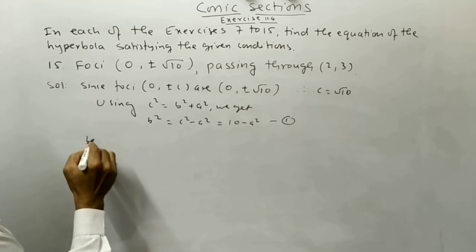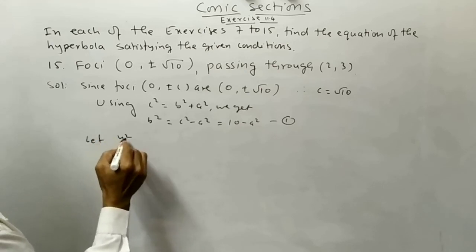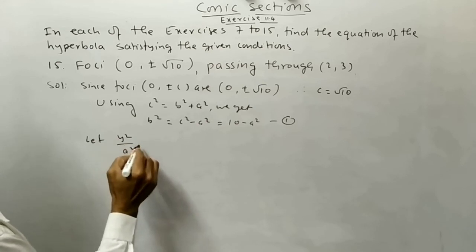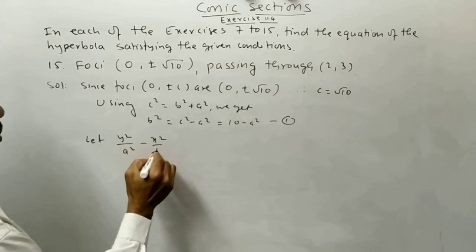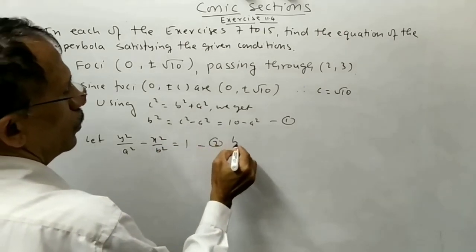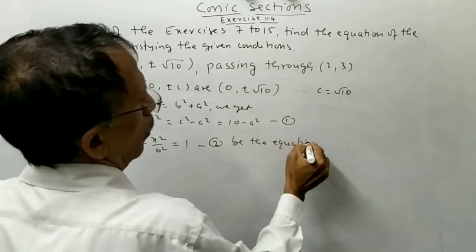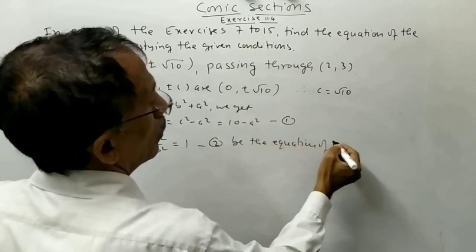Therefore, let y square divided by a square minus x square divided by b square is equal to 1, say number 2, be the equation of the hyperbola.